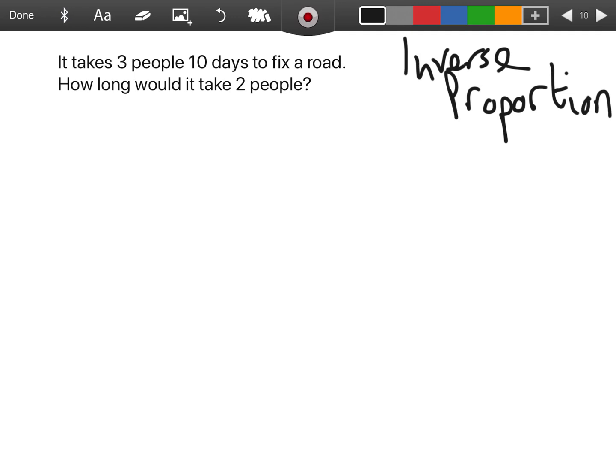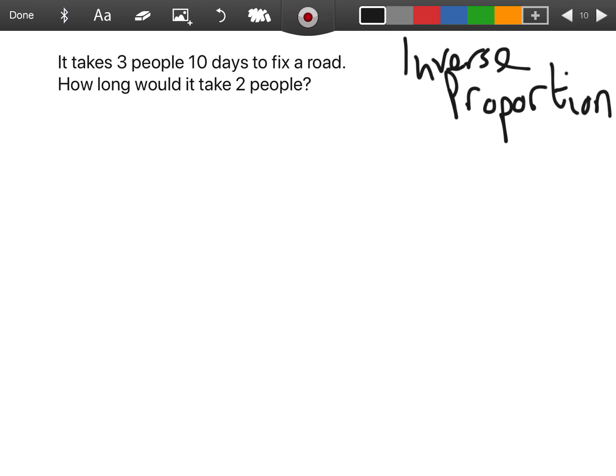So what's the difference, I hear you ask? Well, in the previous examples with direct proportion, if I'm looking at how much flour I need for my flapjacks, if I have twice as many people, I need twice as much flour. Is that the case here? Well, it takes 3 people 10 days to fix a road.